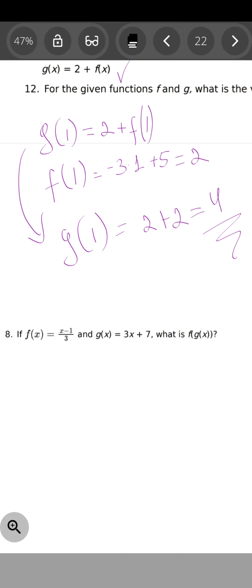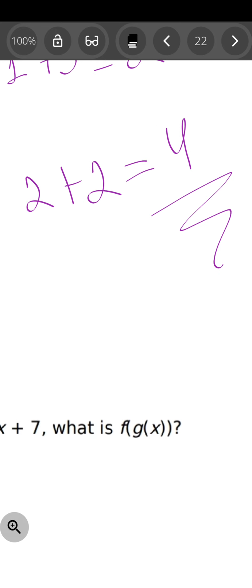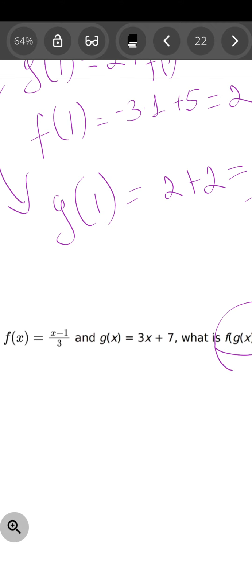Our next question. If f of x is equal to (x minus 1) over 3 and g of x is equal to 3x plus 7, what is f of g of x? This is a composite function, and it is obtained by substituting g of x in the place of the unknown in the function f of x.